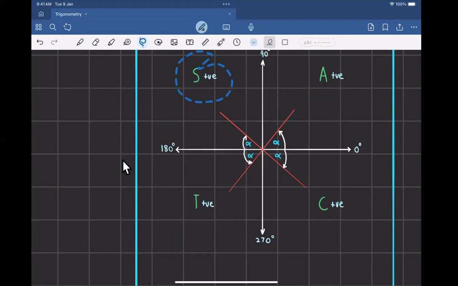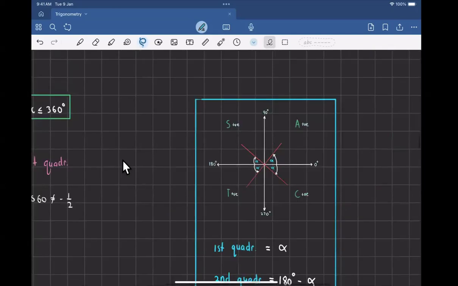Yes. Would cosine be negative here? No, that is tan positive. Right. So cosine would be negative here. And over here, cosine is positive. So where would my answers be then? In those. Okay, I understand.